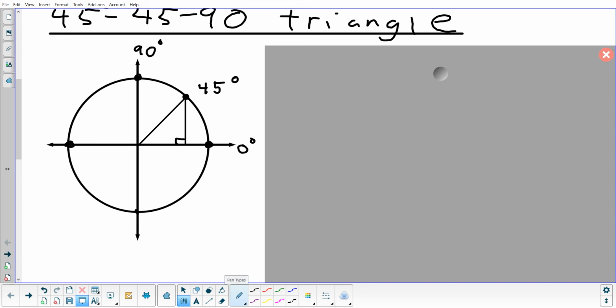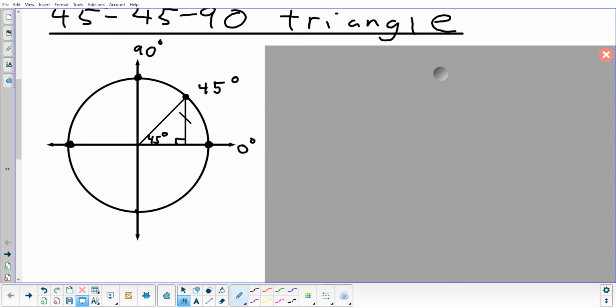So this is a 90. This angle right at the origin is 45 degrees, because that's basically the angle I tilted the hypotenuse at. So it would be exactly at a 45-degree angle.